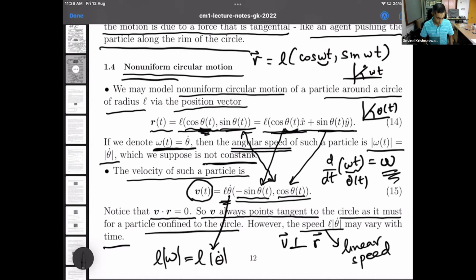There is a concept of linear speed, which is the magnitude of the velocity vector. There is a concept of angular speed, which is the magnitude of the time derivative of the angle. I hope the distinction between these two speeds is evident to you.